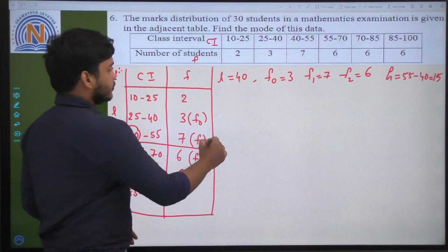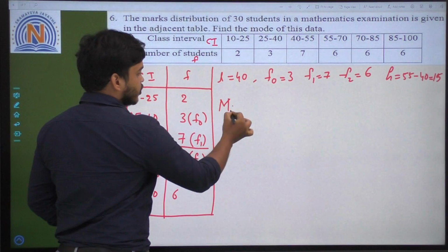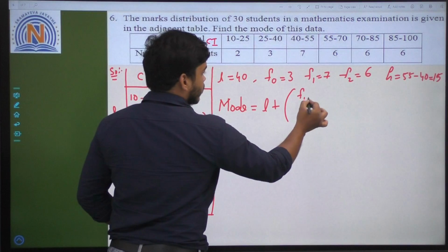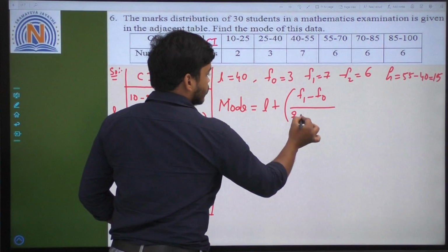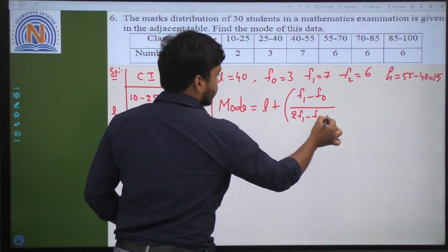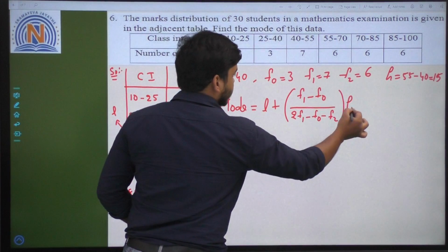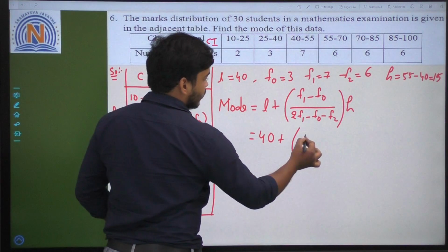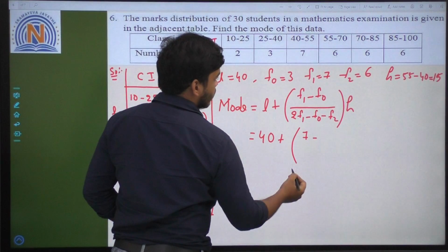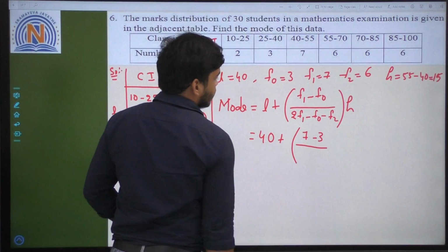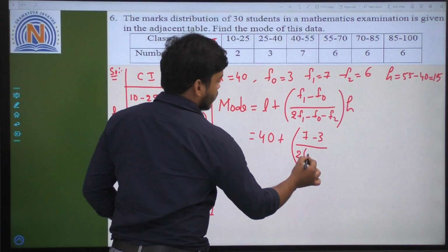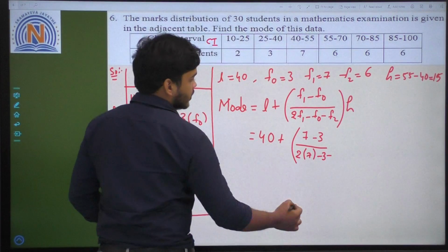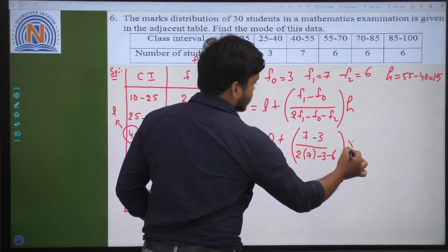So the mode formula is: substitute all these values. Mode is equal to L plus F1 minus F0 by 2F1 minus F0 minus F2, into H. So L is 40 plus F1 is 7 minus F0 is 3, by 2 into F1 which is 7 minus F0 which is 3 minus F2 which is 6, into H which is 15.